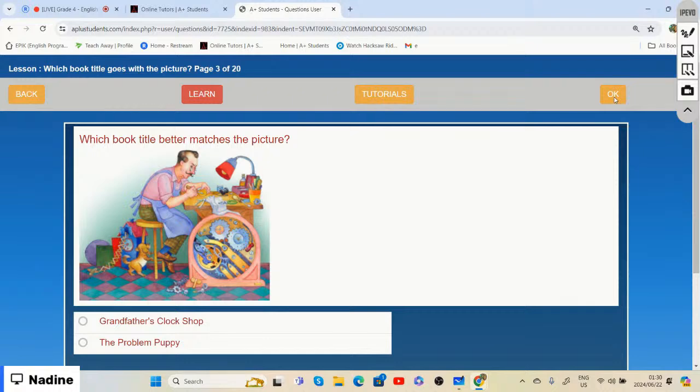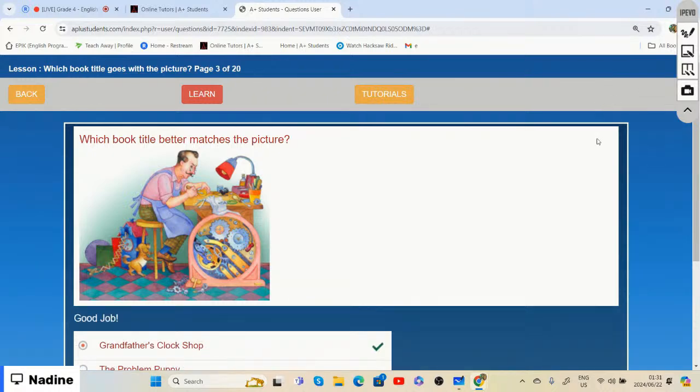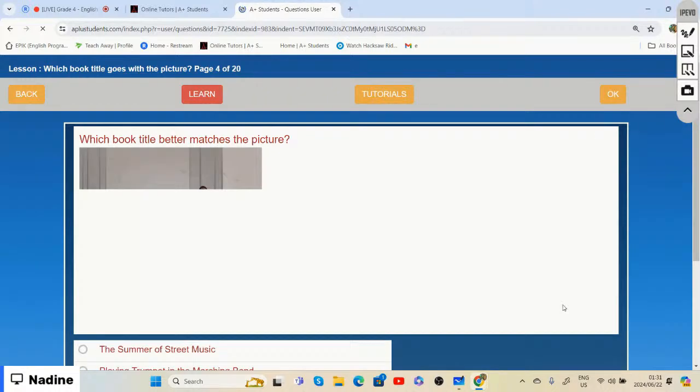Grandfather's Clock Shop or The Problem Puppy? All right, then if we choose the correct one, we will say Grandfather's Clock Shop. And that is correct, right? So well done.